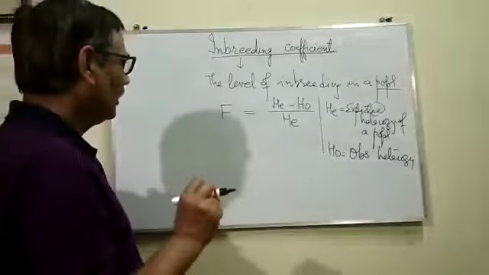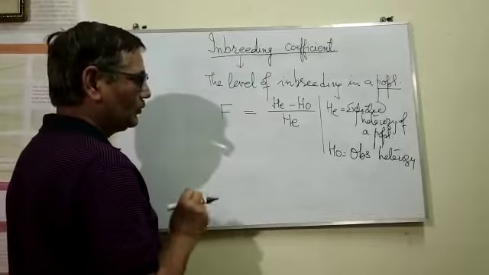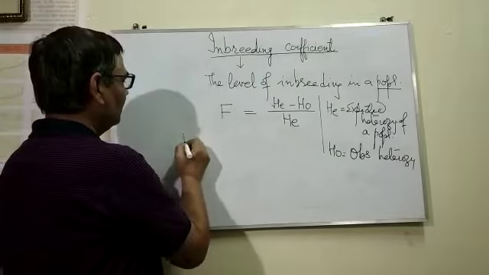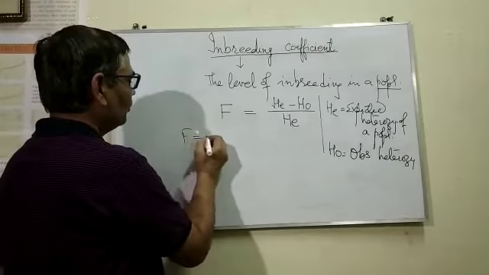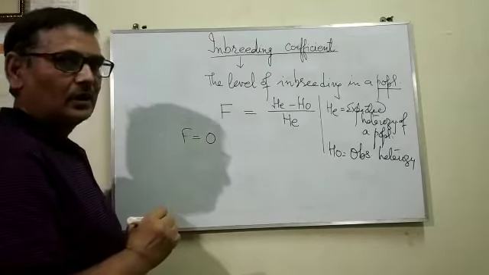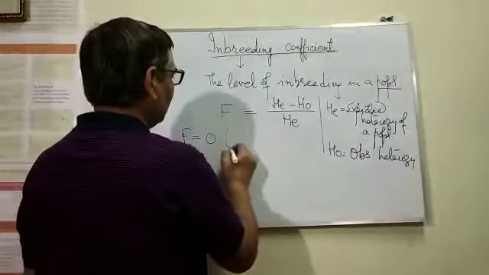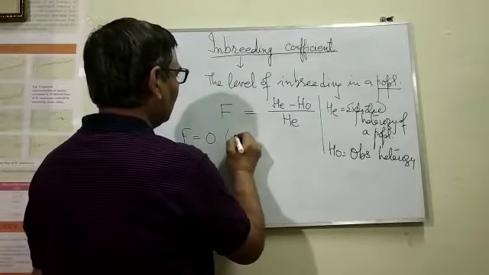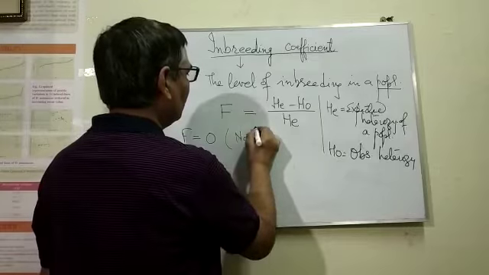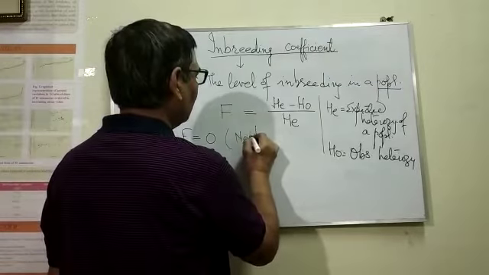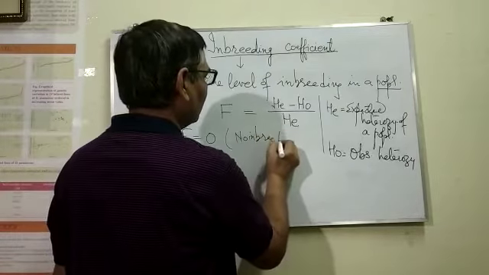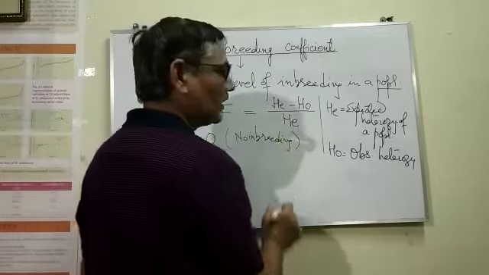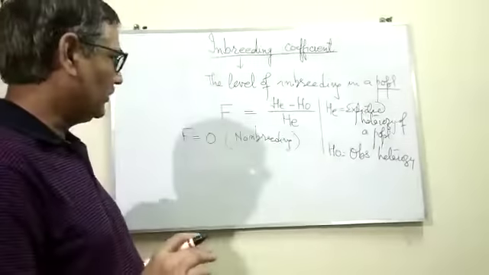But one thing before taking an example I want to explain: if this F value is equal to 0, then it indicates that there is no inbreeding. Inbreeding is completely absent in the population.